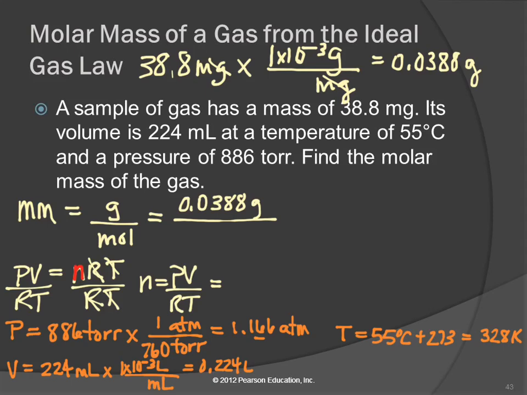The thermometer that you would use doesn't read in Kelvin, it reads in Celsius. The volume on graduated cylinders and other labware-sized glassware is usually in milliliters, and so that's why those units often come up. Now we have everything in the correct units, so we can plug these into our equation. So the pressure is 1.166 atmospheres.